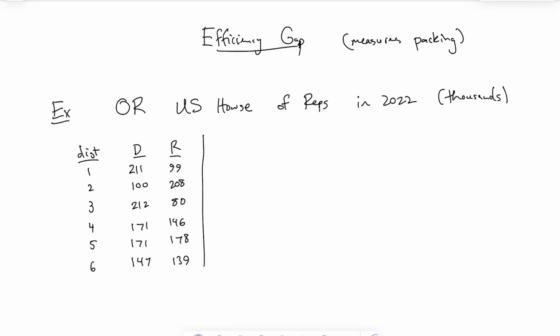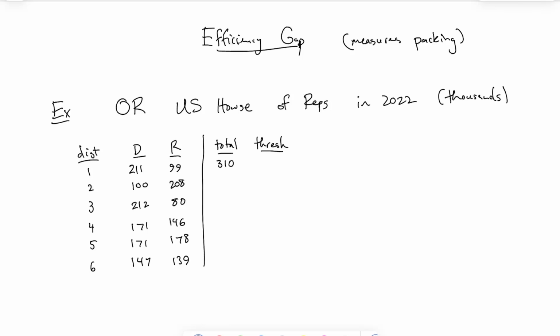But what we have to do, so I made this big chart last time. The total and the threshold, that is, the total will just be the total number of voters in that district. So for each of these, I'm just going to add the D plus the R. And 211 plus 99 is 310. If you're doing big numbers like this, feel free to use a calculator.